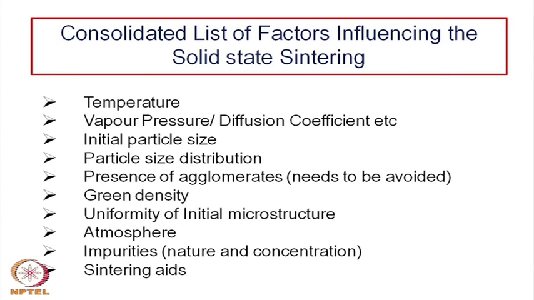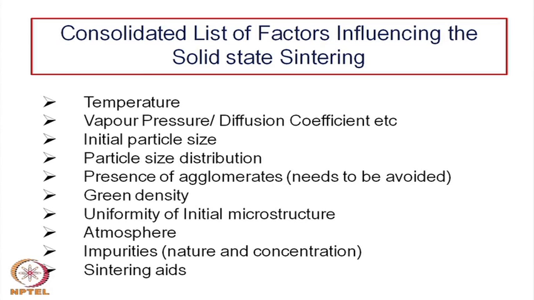But it depends on the particular nature of the material. If it is a non-stoichiometric material, atmosphere has a much greater influence. If it is a stable, mostly stoichiometric material, then atmosphere may have a much less influence.